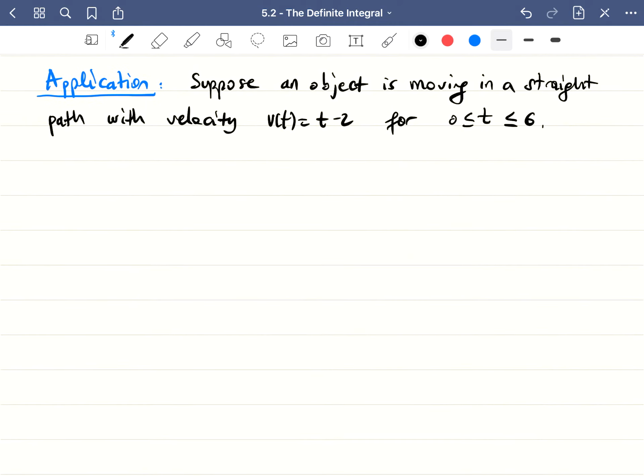Now the first question is, find the displacement of this object during this time interval.